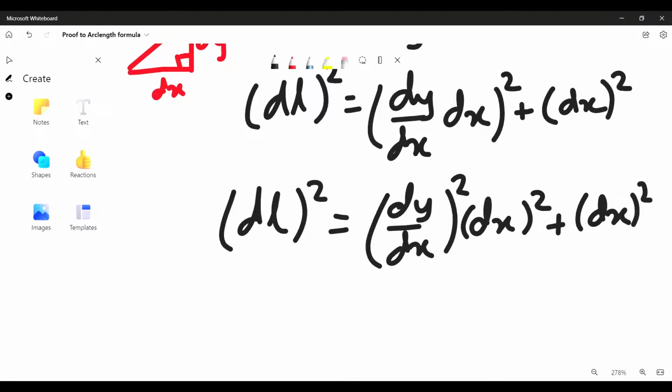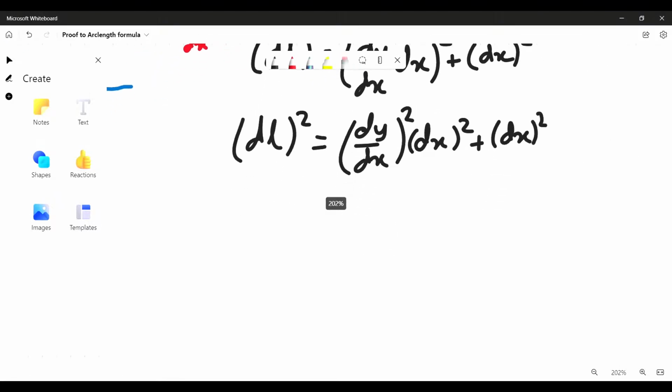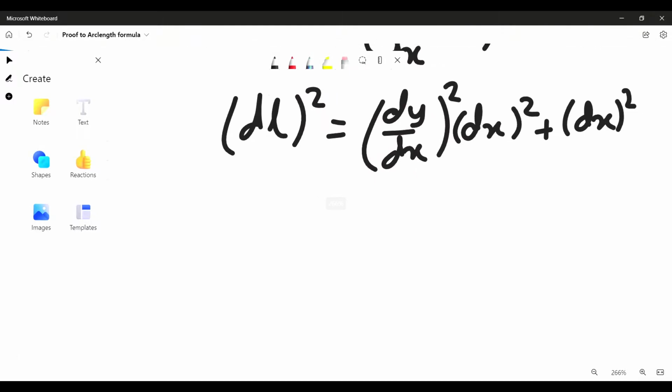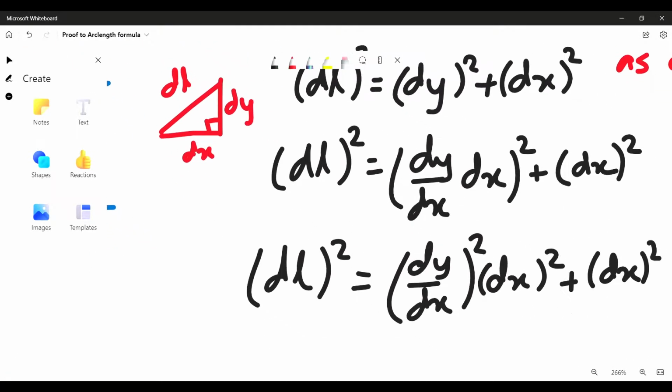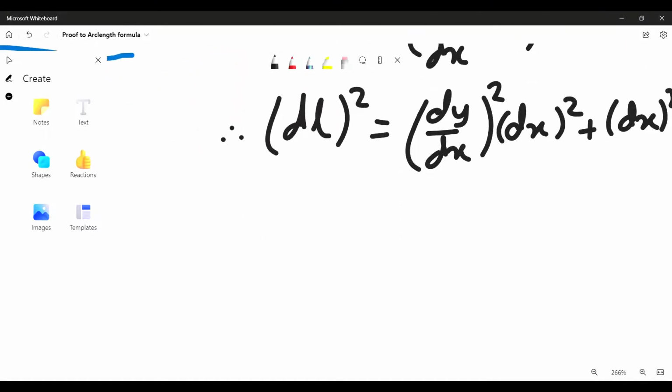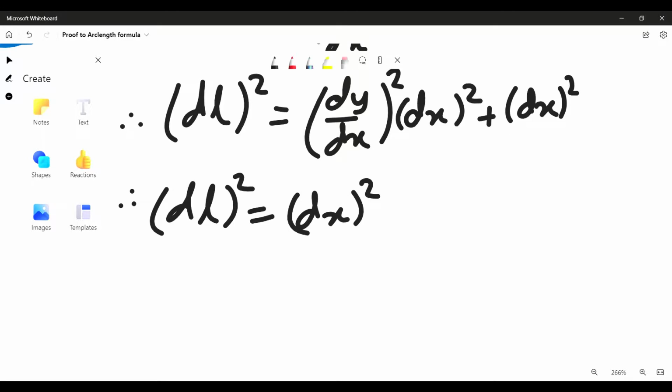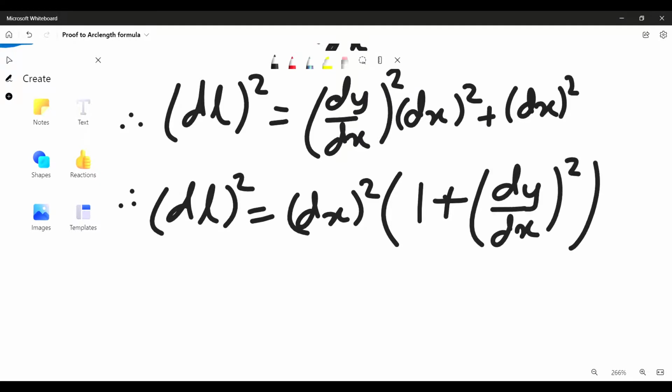It's important to remember that dx and dy are the small changes, of course, so we can just treat them as lengths. So dl squared is equal to dx squared times, and we just factor out dx squared here, 1 plus (dy over dx) squared.